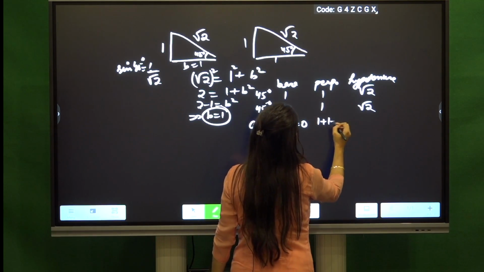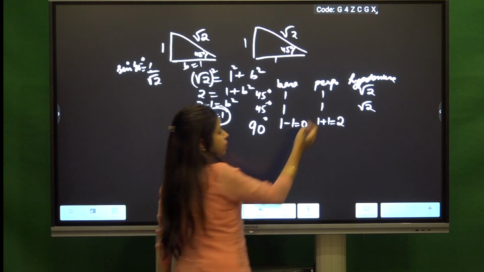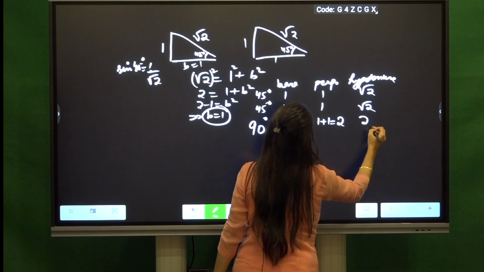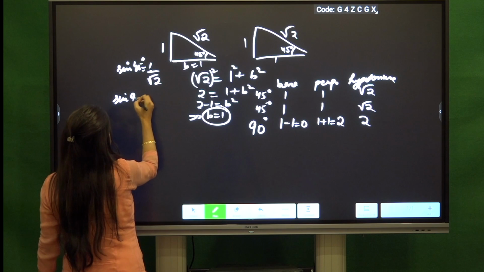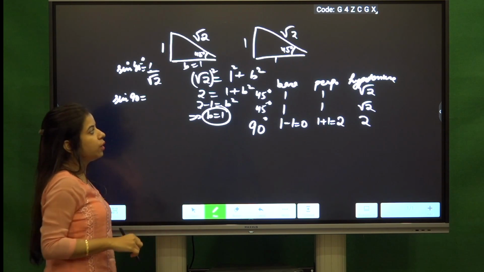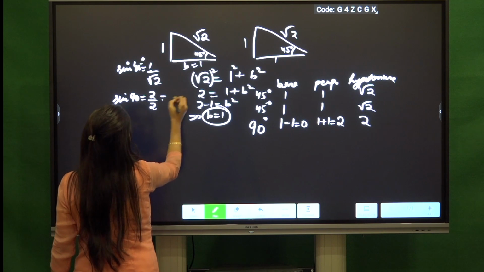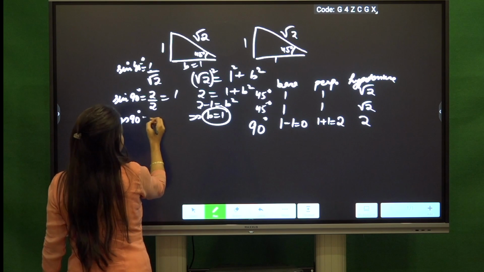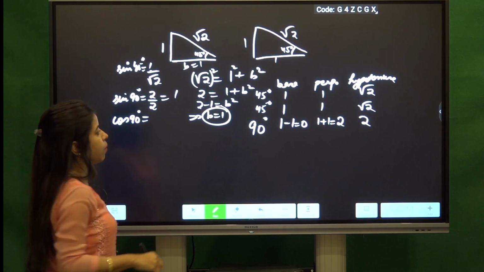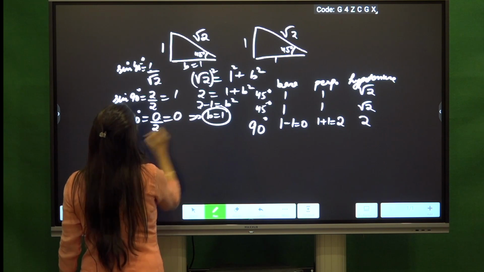So, this is 1 plus 1, 2, and for hypotenuse we have just the product of the hypotenuse, which is 2. So, here we have sin 90 is perpendicular upon hypotenuse, which is 2 by 2, 1. Cos 90 degree is base upon hypotenuse, 0 by 2, which is 0.